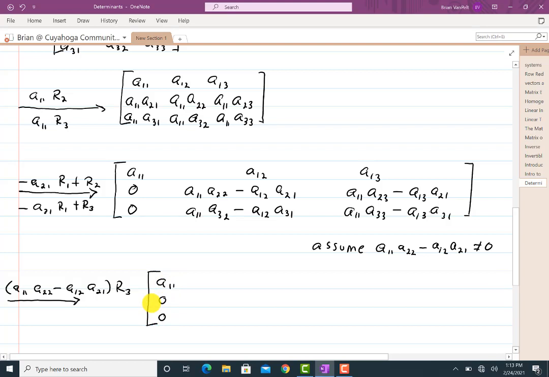I'm going to need a lot of space, so let me go ahead and start writing my stuff. A11, A22 minus A12, A21 times whatever was there before, A11, A32 minus A12 times A31. The rest of that particular column looks like this.